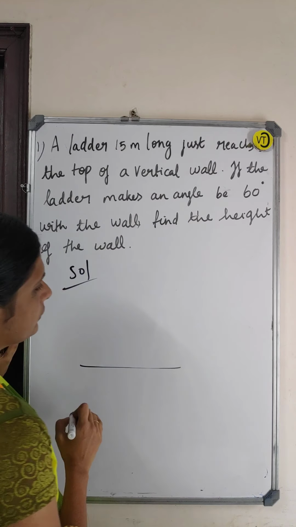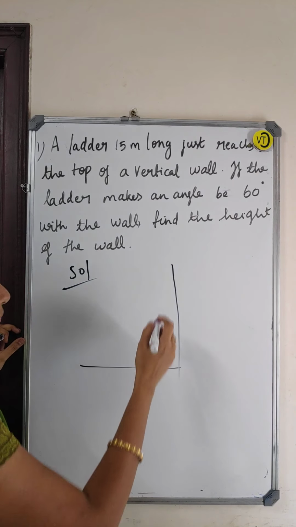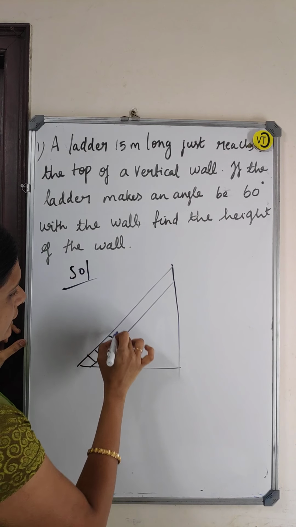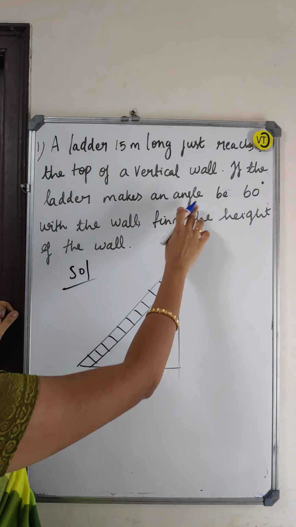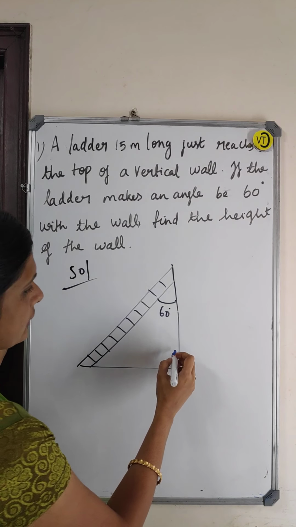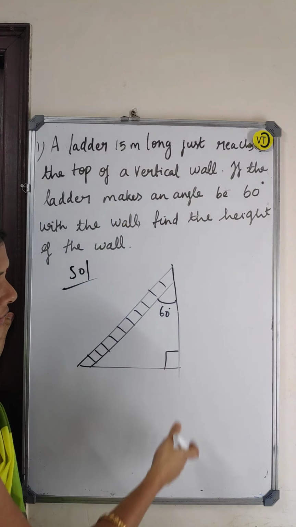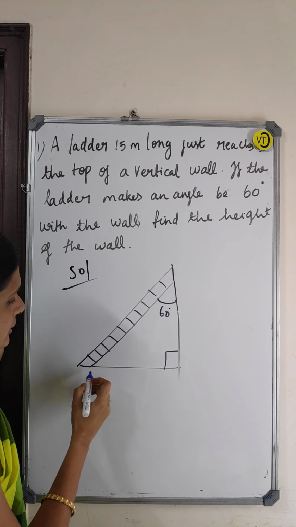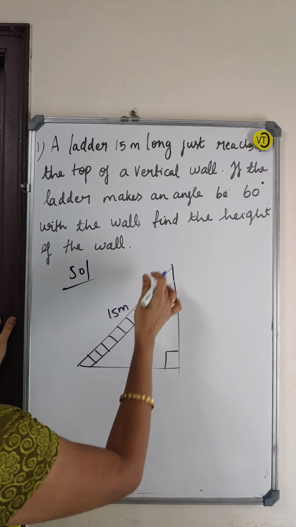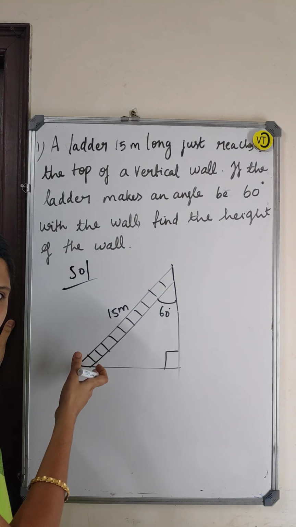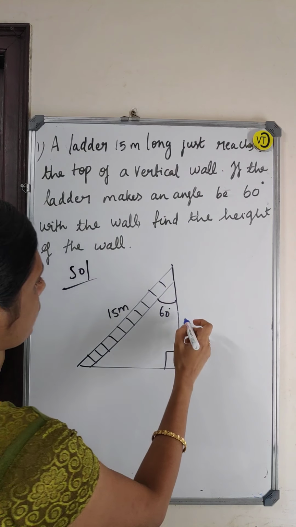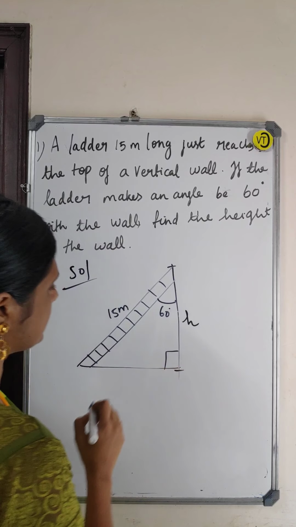So this is the ground level, this is a wall, and the ladder is here, making 60 degree with the wall. The wall always makes 90 degree with the ground. 15 meter is the length of the ladder. They have asked you to find the height of the wall.